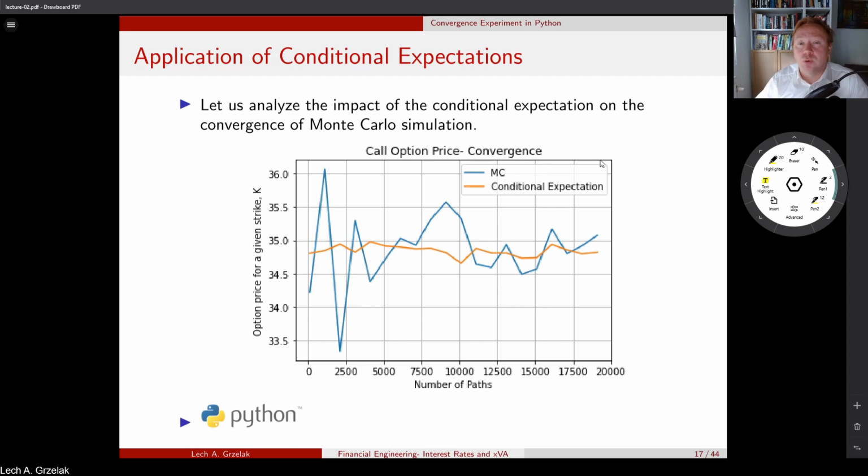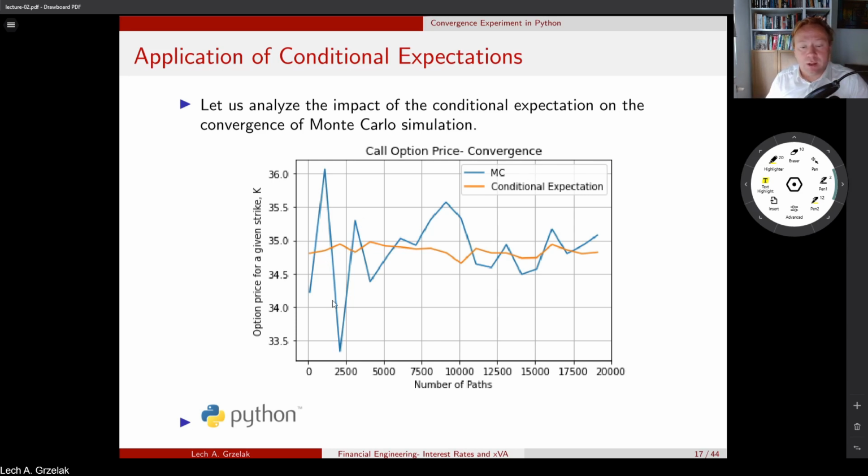We can either choose brute force Monte Carlo simulation, where we simulate, take the expectation for the call or put option, and then we get the price. However, on the other hand, we have used a lot of information about the conditional expectation, about the relation to the Black-Scholes model. Let us see now what the impact is, how much convergence gain we can get from this kind of application. So this is a figure I have prepared here.